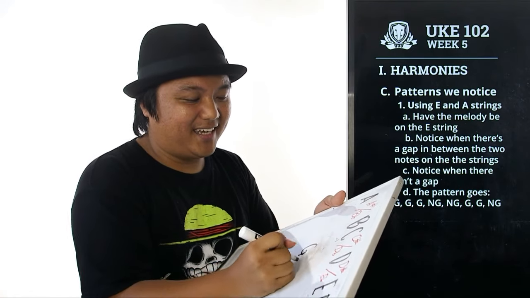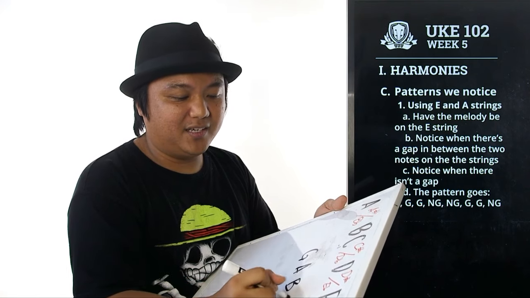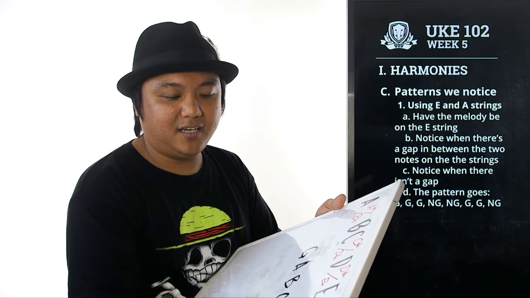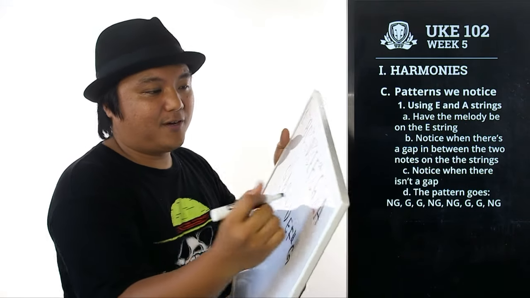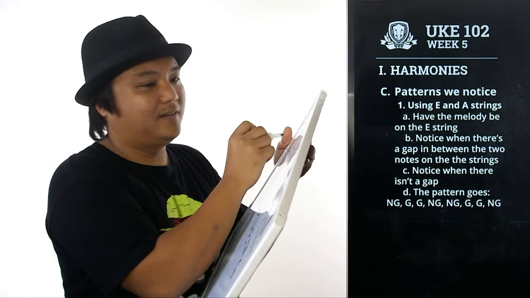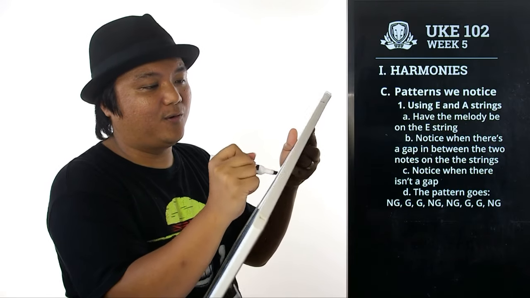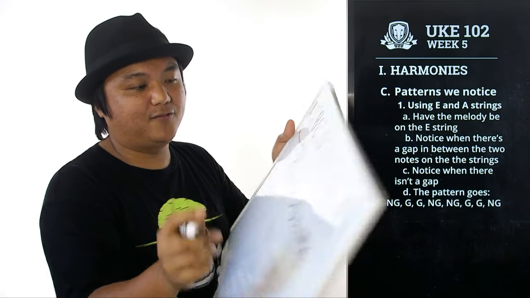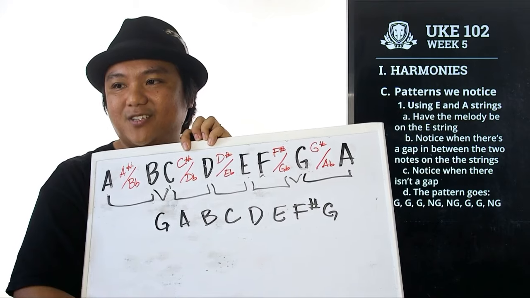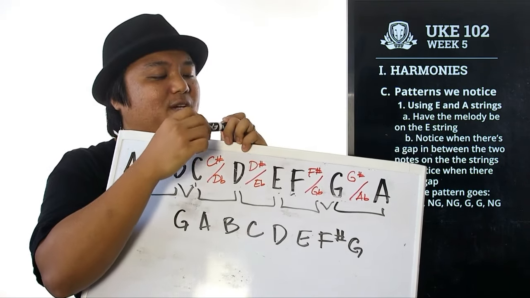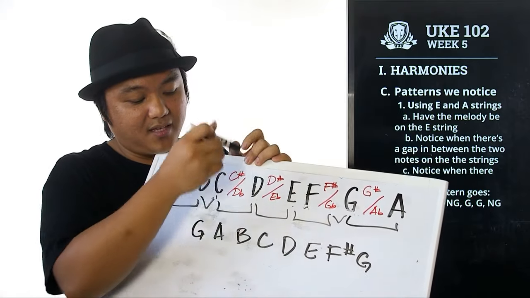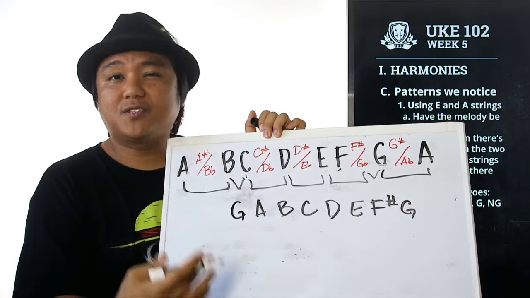G, A, B, C, D, E, F sharp, G. We got that from whole, half, whole, half. So here's our G scale. Okay, so because of our G scale, let's take a look at the thirds, just the third harmony.